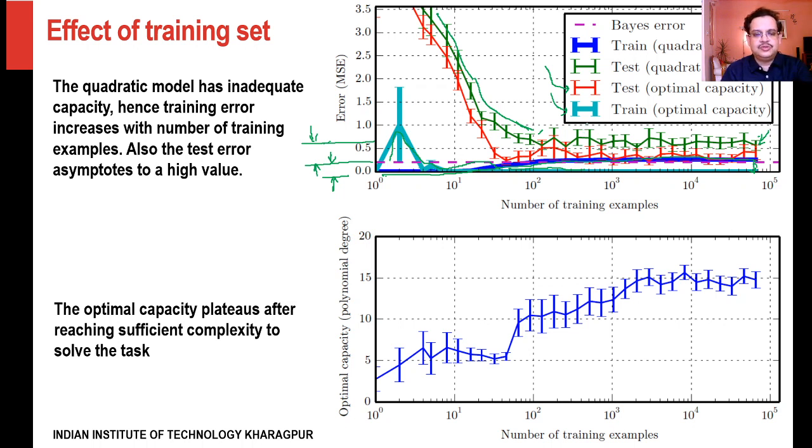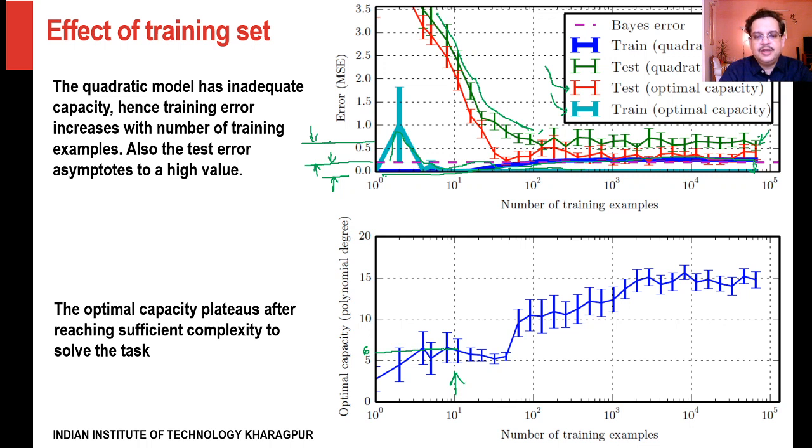Now the way to choose the optimal capacity, as we also saw in the figure that I used earlier, is that you keep on increasing the number of training examples. So let's say I am here with 10 training examples, and I find that the optimal capacity is 6, maybe something like this. What does that mean?